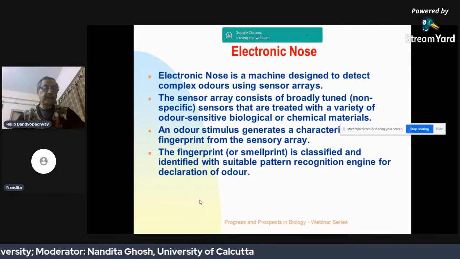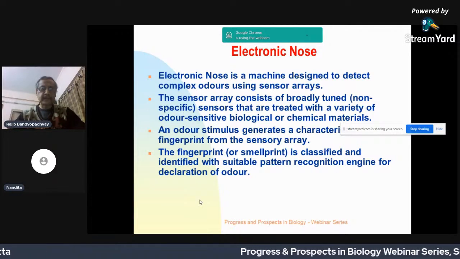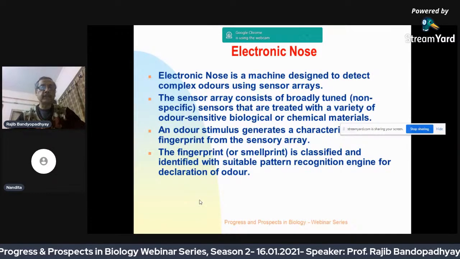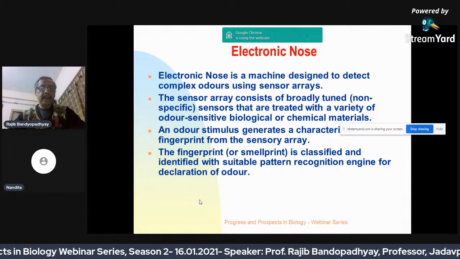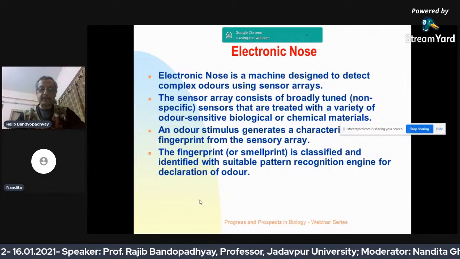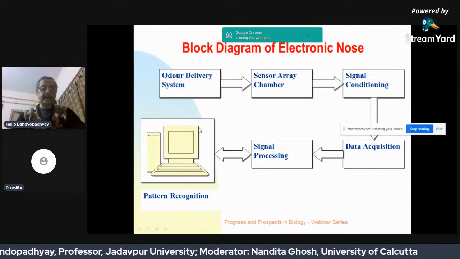Nowadays we have very strong machine intelligence and artificial intelligence techniques, so if you have huge information, it can be deciphered, and we can identify the particular compound and its quality. So this is, in a nutshell, the idea behind the electronic nose.